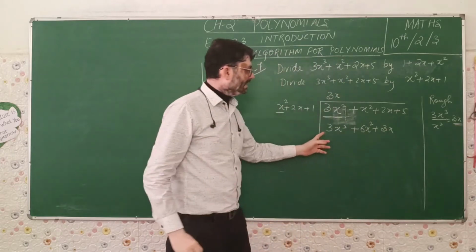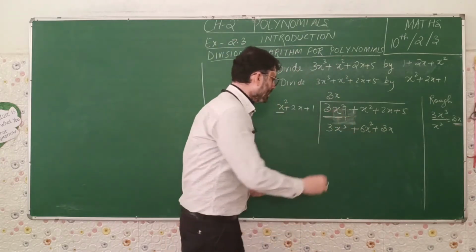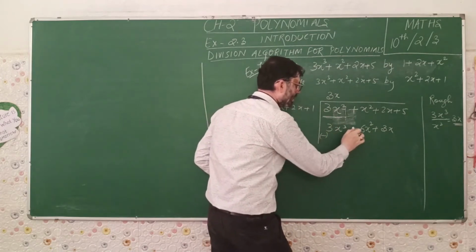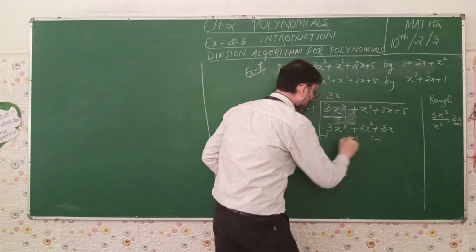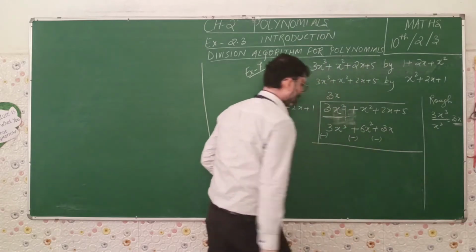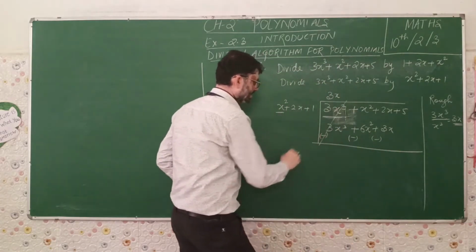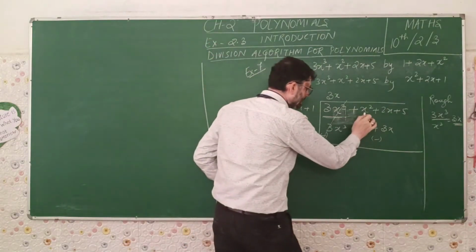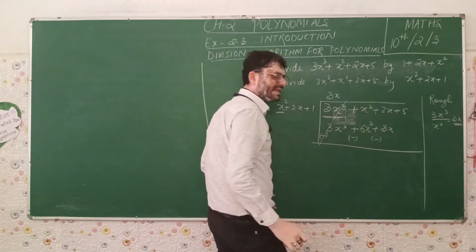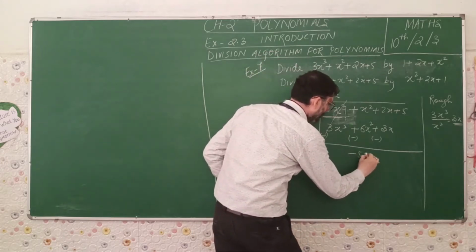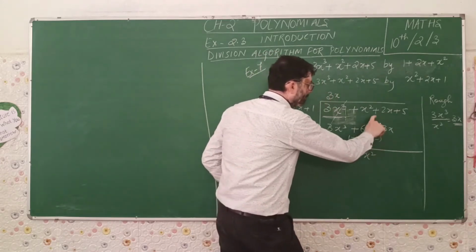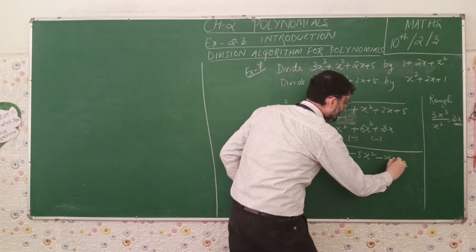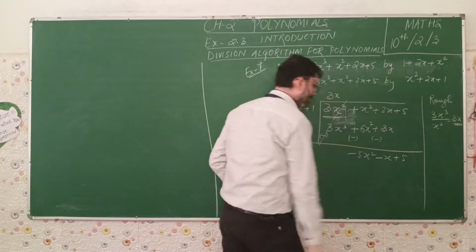Then subtracting this all from the above one, you will have to change the signs. Plus becomes minus, plus becomes minus, and plus also becomes minus, and subtract. This cancels. 3x cubed minus 3x cubed cancels. Then plus x squared minus 6x squared will give minus 5x squared. Plus 2x and minus 3x will give me minus x plus 5.